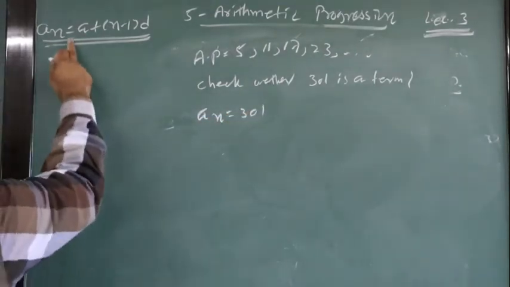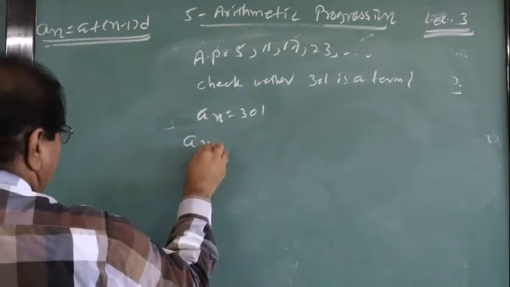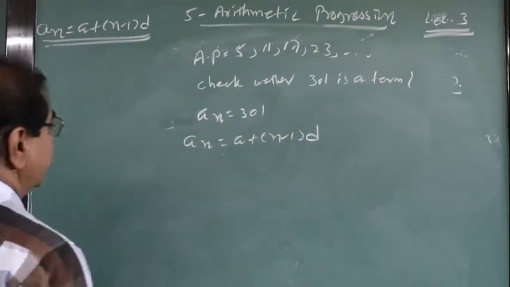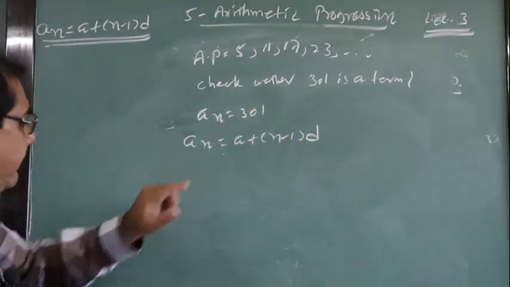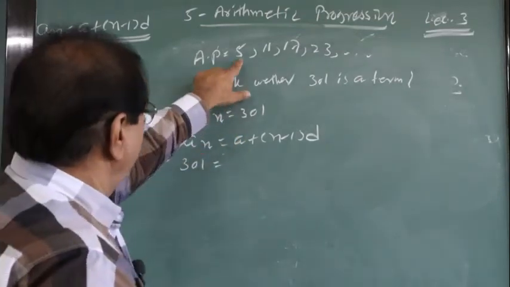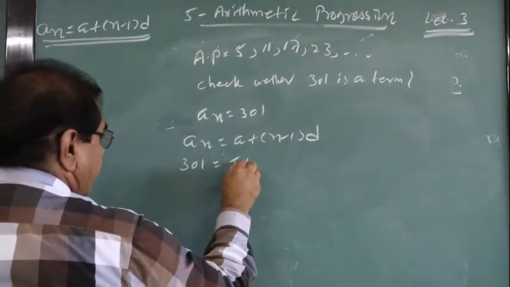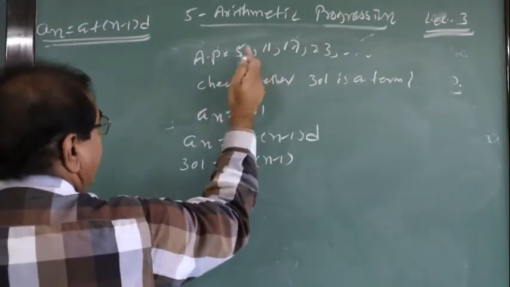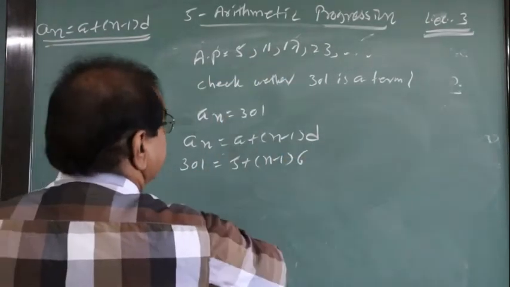Okay. So I put in the formula for an. an = a + (n - 1)d. an itself is 301. What is a? 5, plus (n - 1), the difference 11 minus 5 is 6.